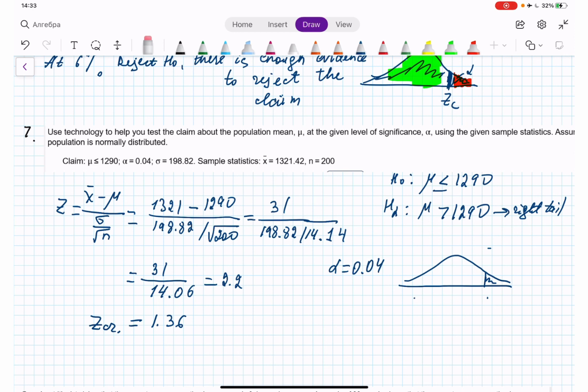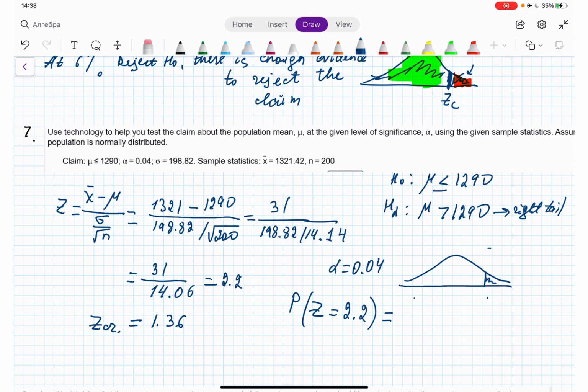Once we have Z critical, then we are going to find our p-value. The p-value we are going to find based on the standardized test statistic, which is 2.2. So the probability for this Z score is our p-value.